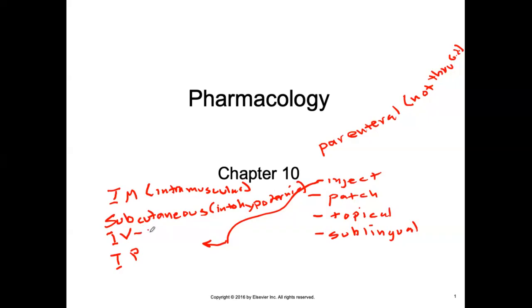IV means intravenous, and IP means intraperitoneal. All right, so the first three are used on humans. The last one is generally used on animals.